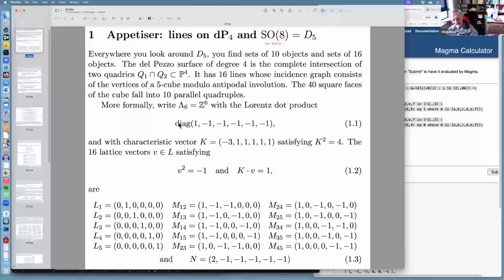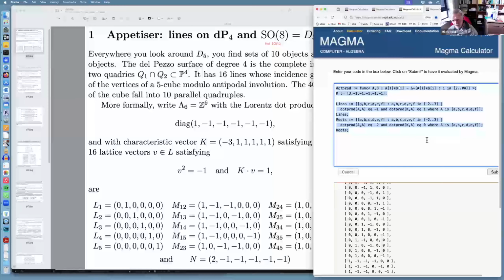So in this lattice, I ask for all the lattice vectors that satisfy v squared equals -1. So for example, 0, 1, 0, 0 is obviously like that, and k times v equals 1.